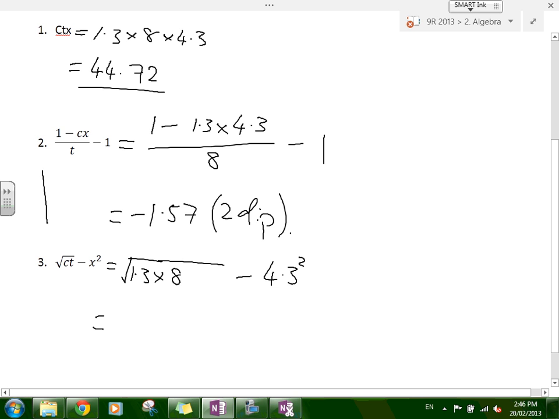Square root of 1.3 times 8, minus 4.3 squared. It should be minus 15.27.